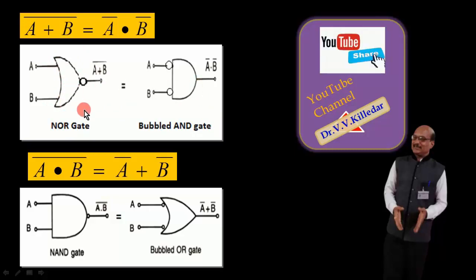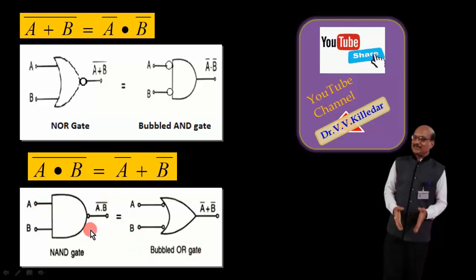Here observe that in the OR gate the bubble is at the output, and this bubble can be moved to the input, but at the same time you have to change the type of the gate. So in the second theorem we see that the complement of the product is equal to the sum of the complements of the inputs, or this is nothing but a NAND gate. NAND gate is equivalent to a bubbled OR gate.